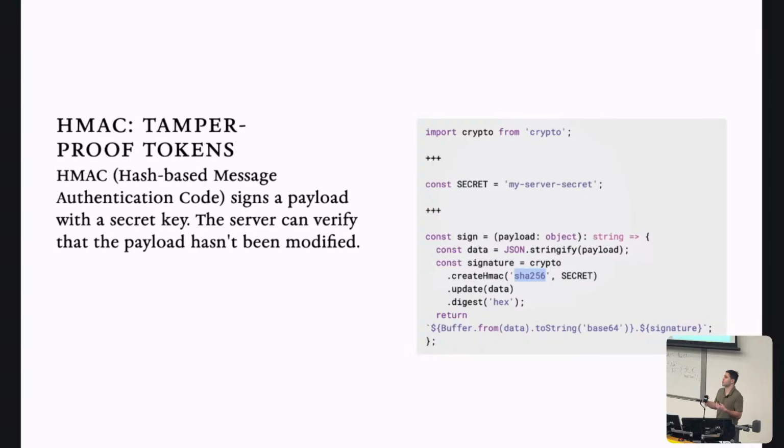So essentially, what do we get back from this? A string of the hexadecimal representation of the hash. And then we just print that out. So with this approach, the server can verify mathematically that the payload hasn't been modified.